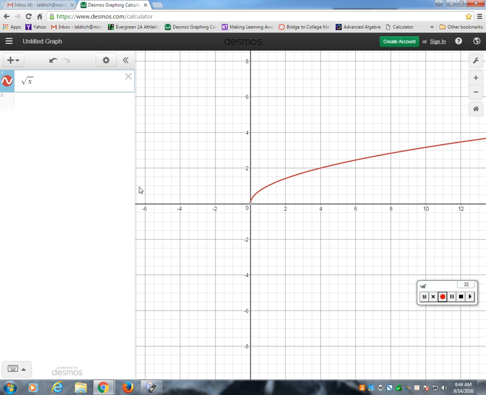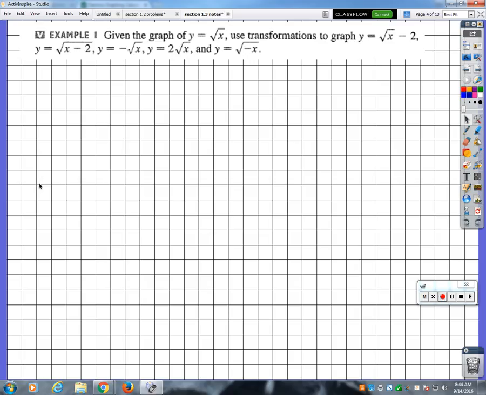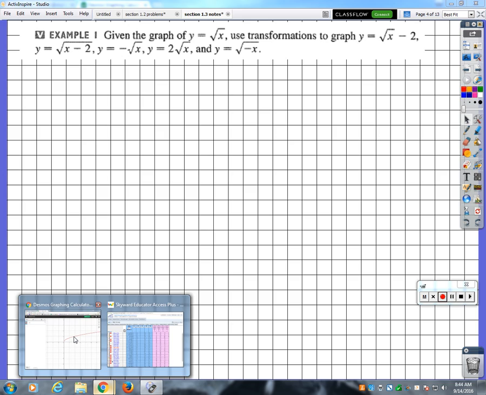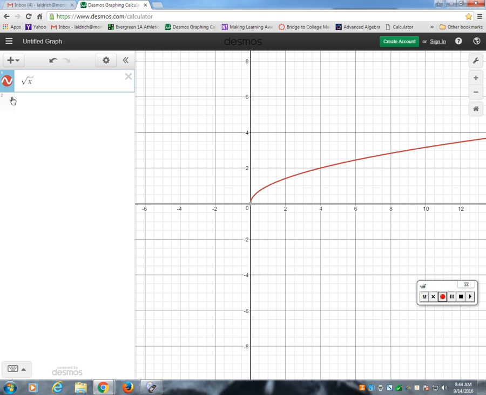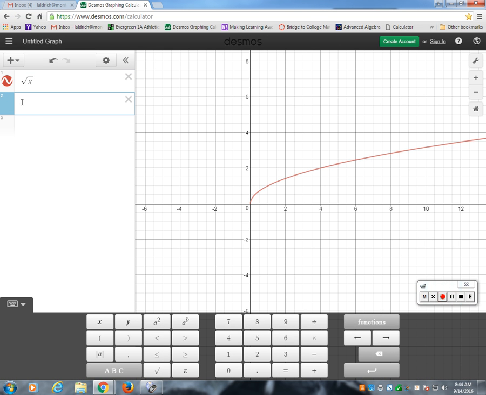All right, then if I want to graph square root of x minus 2, what is that going to do to the graph? It's going to move it down 2. Square root of x, outside of the square root, minus 2, that's going to drop it down 2.